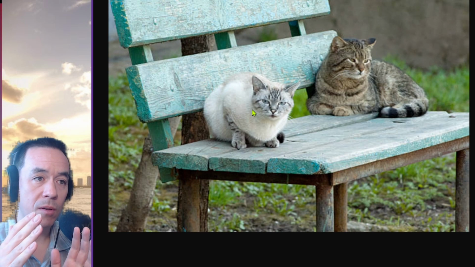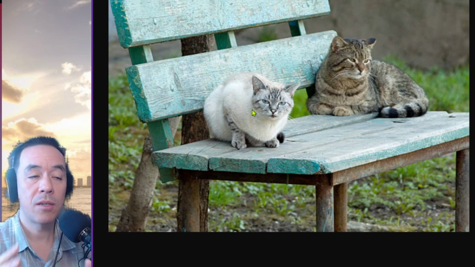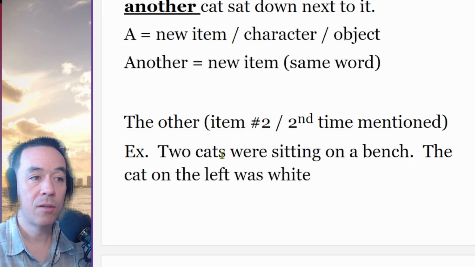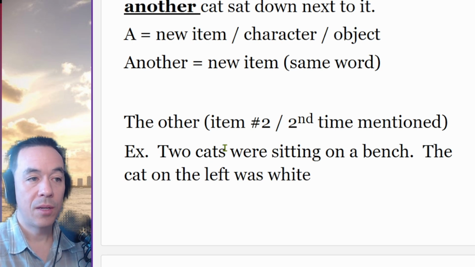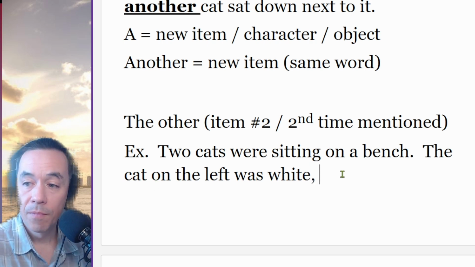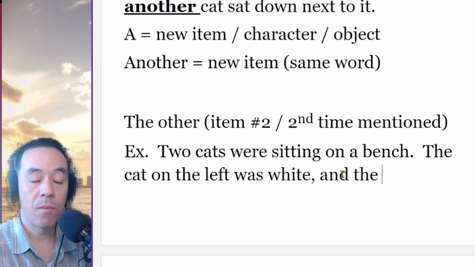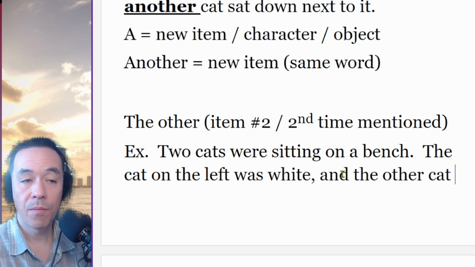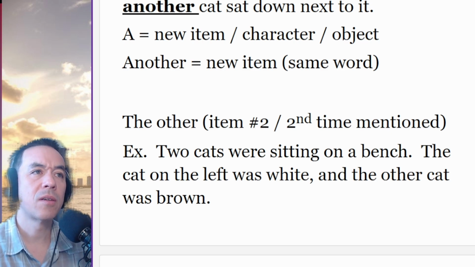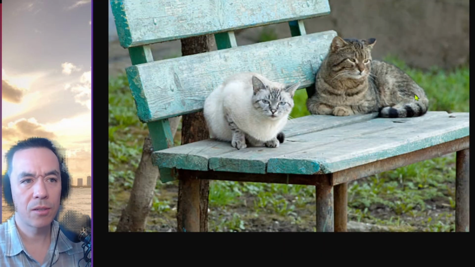Yep. So I introduce to you two cats sitting. We'll call this mention one. Now, the cat, mention number two, on the left was white. And the other cat was brown. Okay, so, brownish kind of color there.